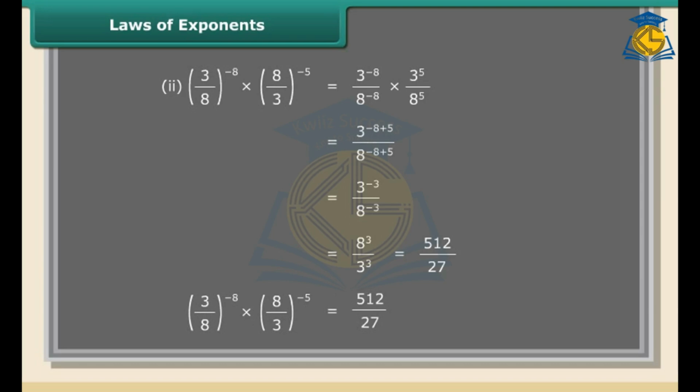So (3/8)^(-8) into (8/3)^(-5) is equal to 512 upon 27.